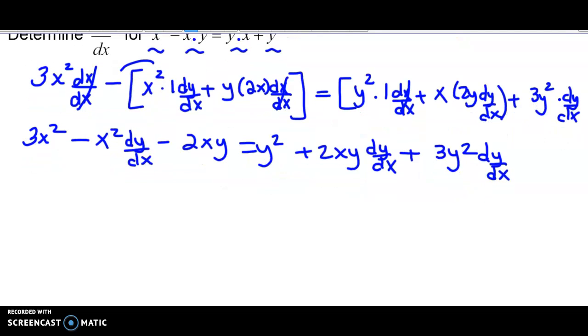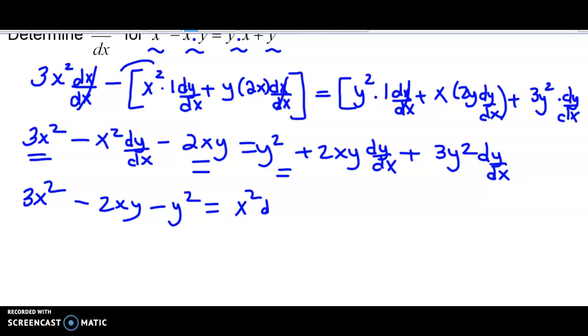So again, we want to combine our like terms of dy/dx. So I'm going to leave the 3x squared, the 2xy, and I'm going to move this y squared over. So then I'm going to equals positive x squared dy/dx, so I move that to the right side.